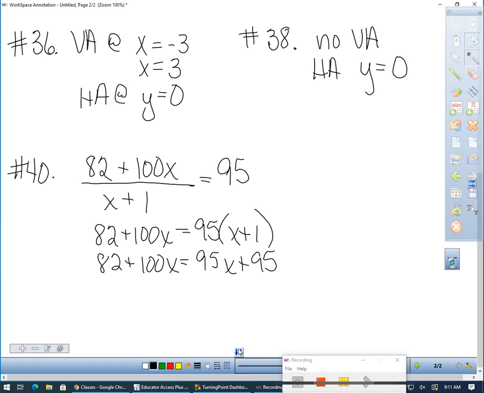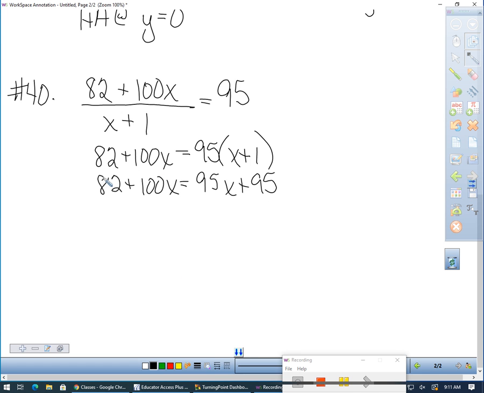I'm going to go ahead and subtract my x's to the left and my 82 to the right. So I get 5x equals 13. Dividing both sides by 5, I get x equals. Now, if I'm going to take part of a test and I need 100%, I've got to take the whole test. So it's going to be x equals 3 tests.